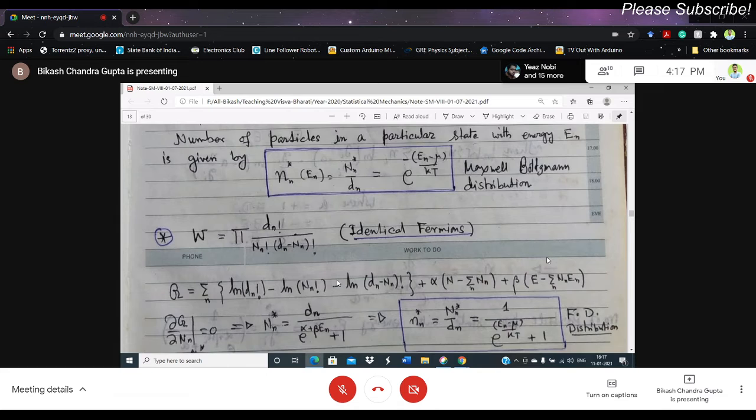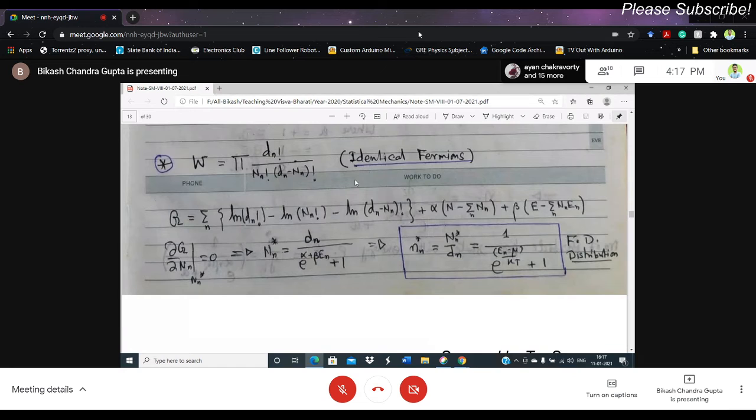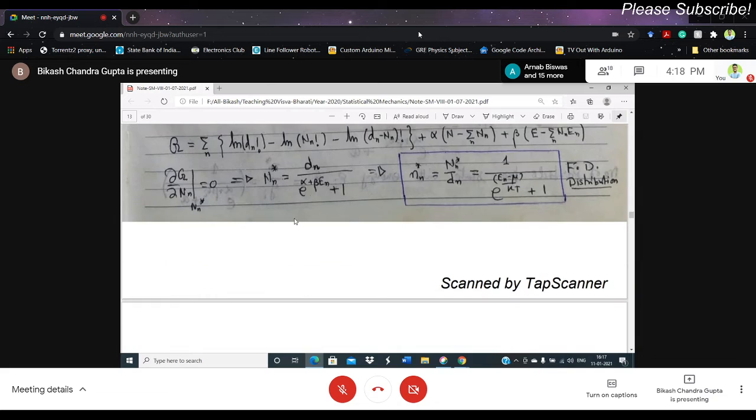Okay. Now, in the case of identical fermions, W is like this, and you can do the same calculation at home. So G you can write similarly: ln of this W plus alpha times this plus beta times this, and then take the derivative with respect to n star, because you want to see the most probable set of distribution.